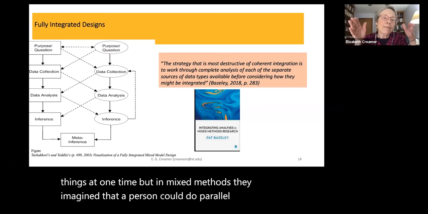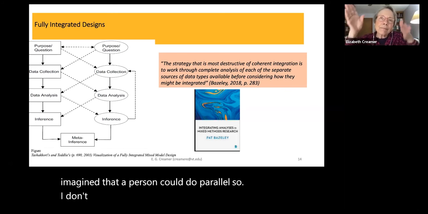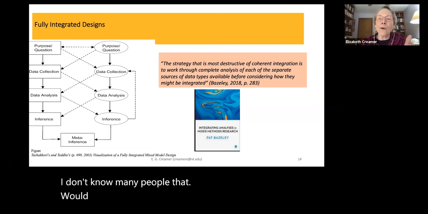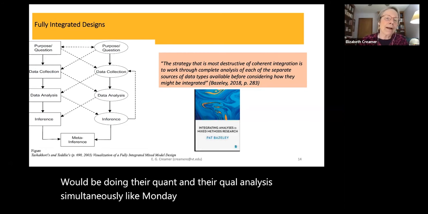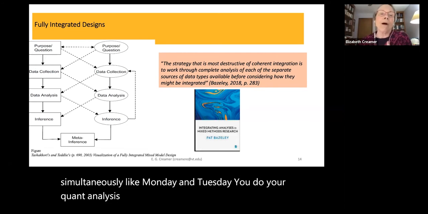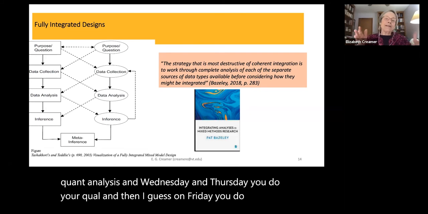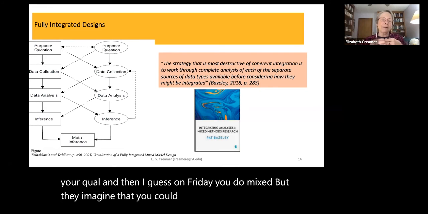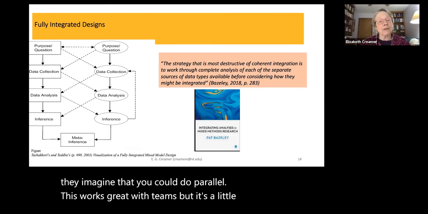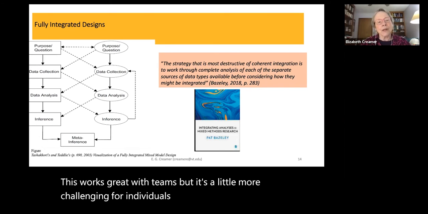I don't know many people that would be doing their quant and their qual analysis simultaneously, like Monday and Tuesday you do your quant analysis, and Wednesday and Thursday you do your qual. And then I guess on Friday, you do mixed. But they imagine that you could do parallel. This works great with teams, but it's a little more challenging for individuals because they usually do it sequentially.